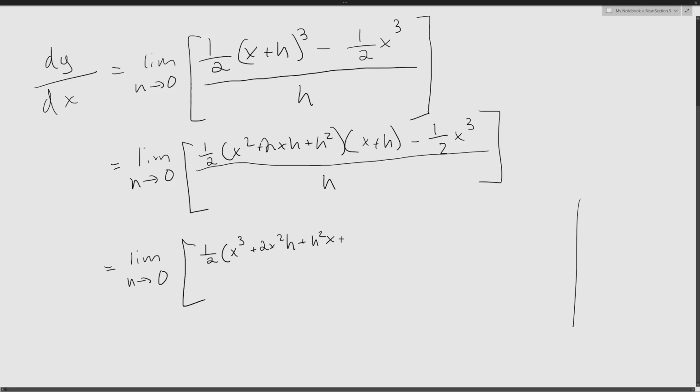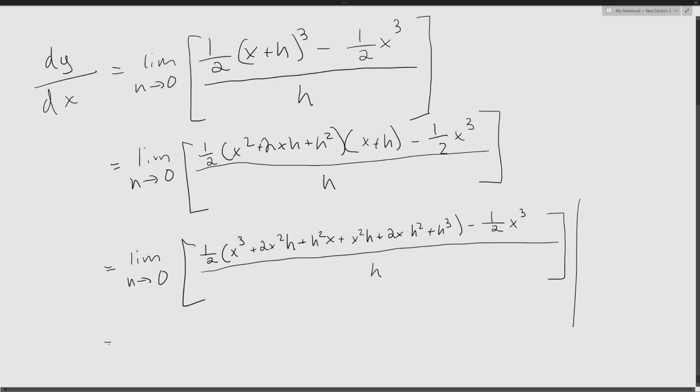And then I'm going to the second one. So then we would have x squared h plus 2x squared h, 2x squared plus h to the power of 3. And then same 1 over 2x to the power of 3 on that side. Again, everything here is divided by h.